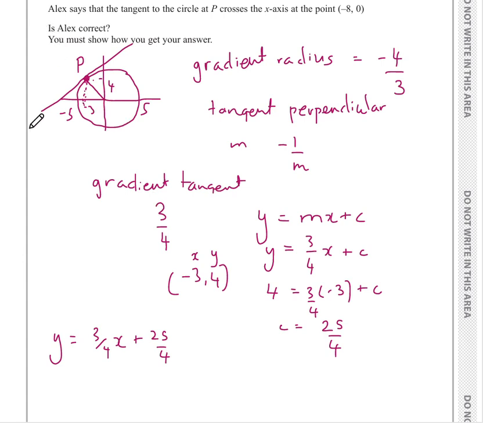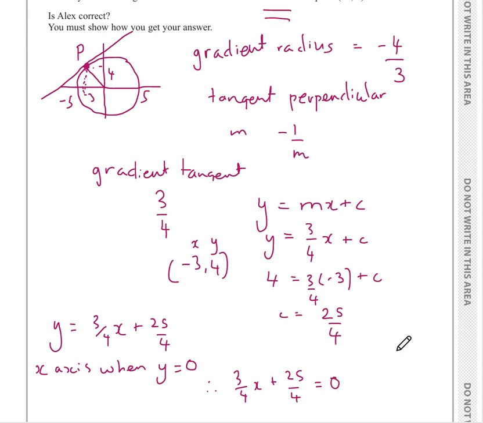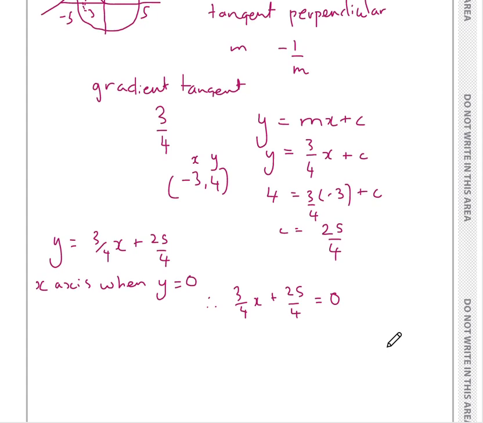Okay, so let's just go back and read the question. Alex says that the tangent to the circle at P crosses the x-axis at the point (-8, 0). Okay, so it crosses the x-axis when y equals 0. So let's put this equal to 0. So therefore, we've got 3/4 x plus 25/4 is equal to 0. Let's rearrange that.